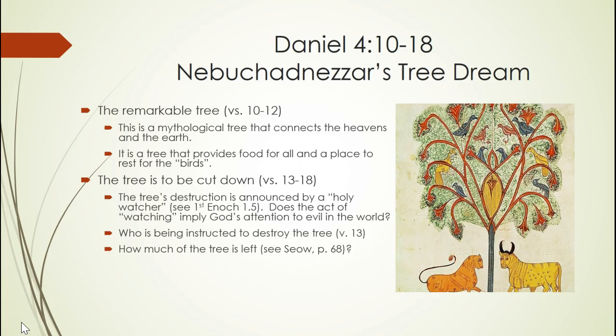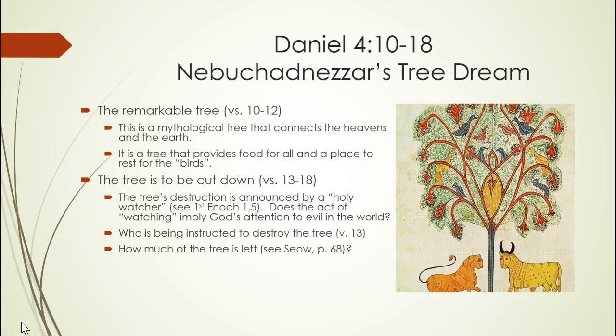Indeed, the Aramaic probably means not its stump and root, but something like the tip of its root. The point here is that the tree is to be cut down so thoroughly that only the very tip of its root will remain, thus allowing only the faintest of hope for rejuvenation.